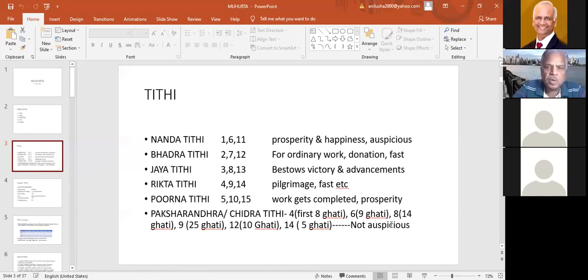So ghati is of how many minutes? 45? No, 24. Sorry, 24. 1 hour is equal to 2.5 ghati. So naturally, 1 ghati is of 24 minutes.